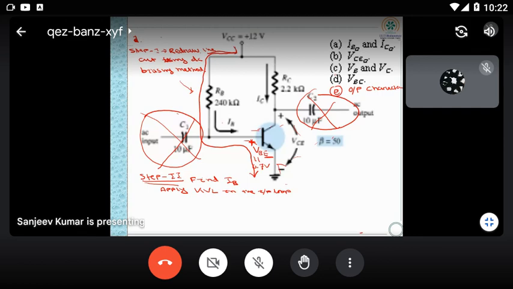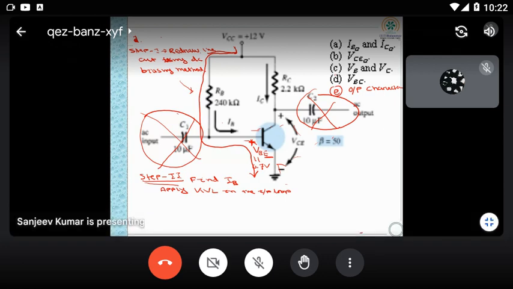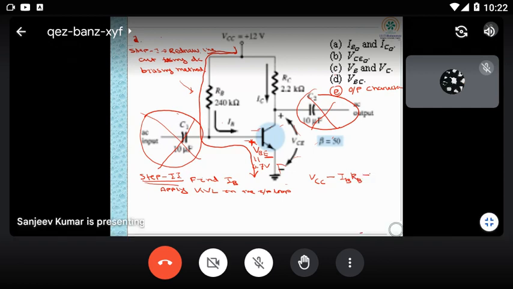So this is your input loop. If you apply KVL in the input loop, what will be the formula? VCC minus IB RB minus VB is equal to 0.